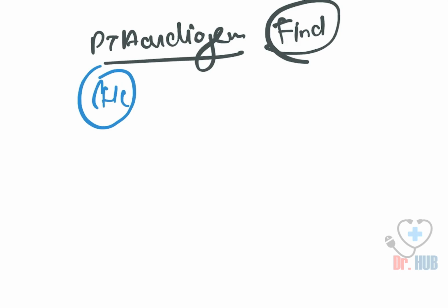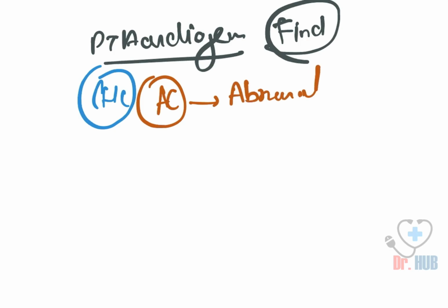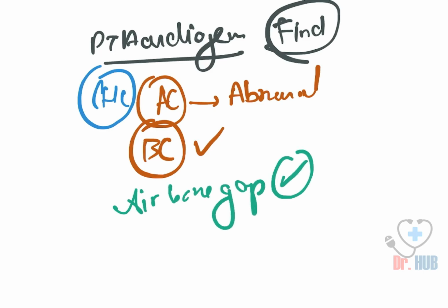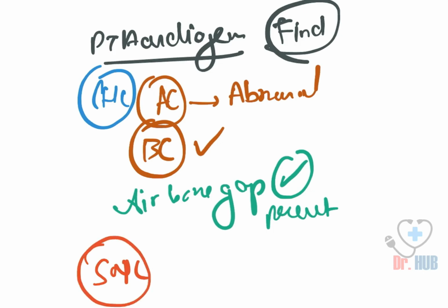In case of conductive hearing loss, the AC is abnormal, whereas the BC is absolutely normal, and there is presence of an air-bone gap.